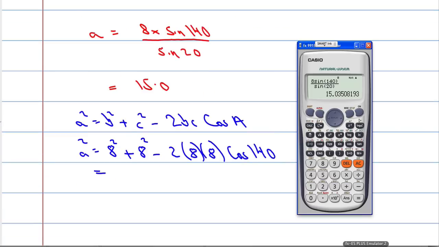Let's get the calculator out to do all that hard work. So 8 squared plus 8 squared minus 2 times 8 times 8 times the cosine of 140, and that equals 226.05.